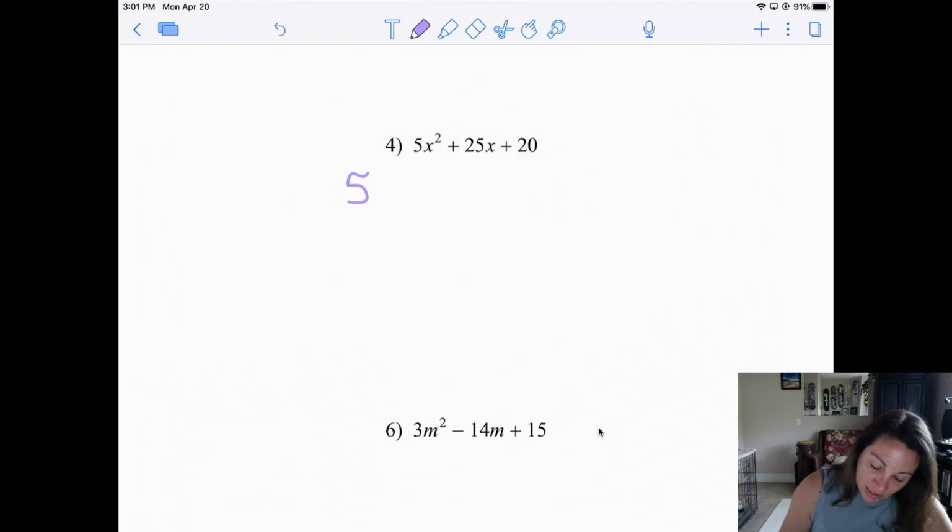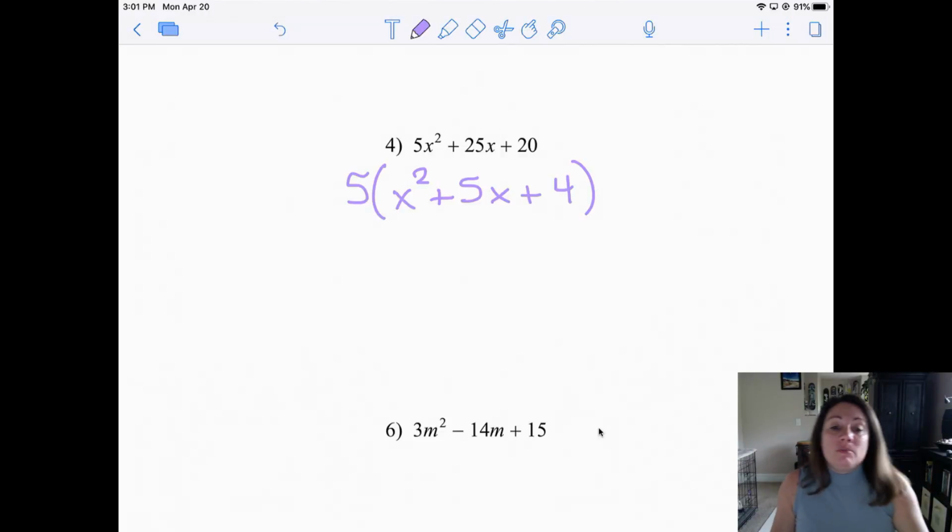So they all have that common factor of 5. I'm going to take that GCF of 5 out first, and that would leave me with 5 times the quantity x squared plus 5x plus 4. And now I'm just looking at factoring the trinomial that's inside the parentheses. So inside the parentheses, I have 3 terms, and the coefficient of x squared, my squared term, is 1.